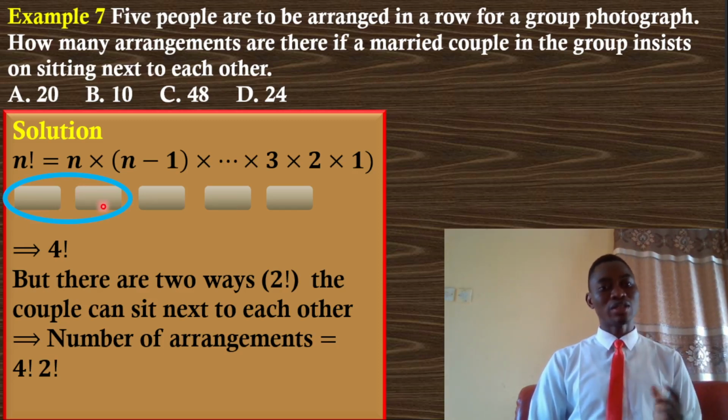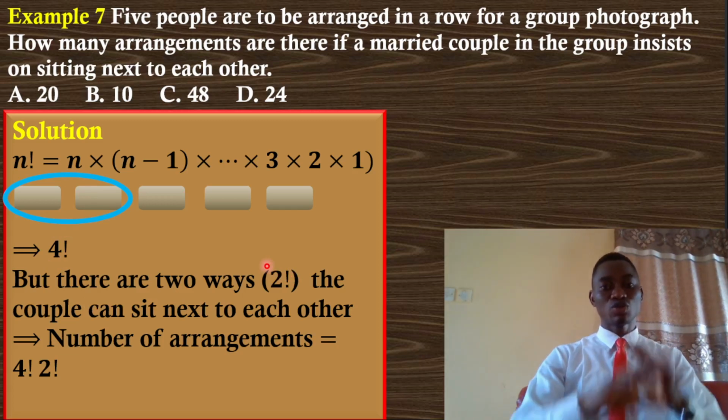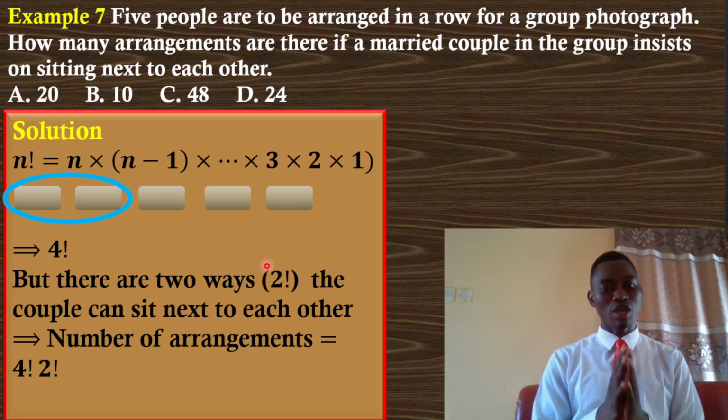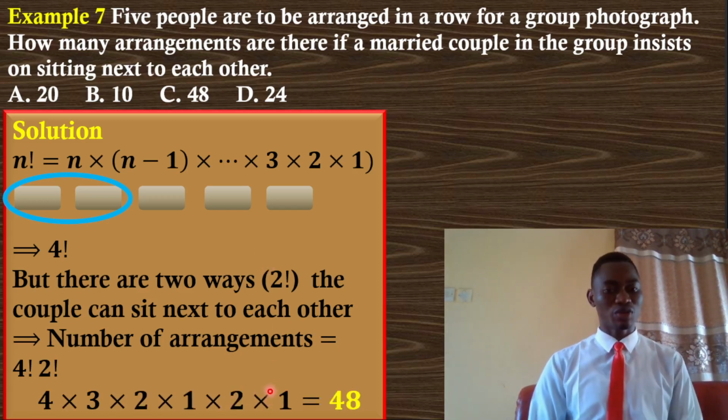Then there are 2 factorial ways the couple can sit next to each other. So the total permutation here is 4 factorial times 2 factorial, which gives us 48. So that is the answer to this question.